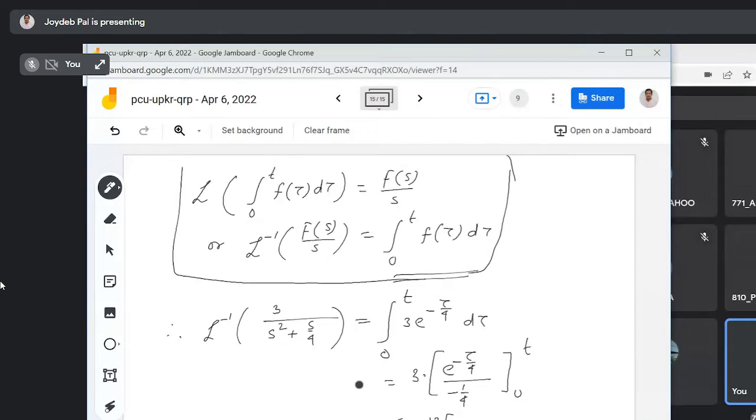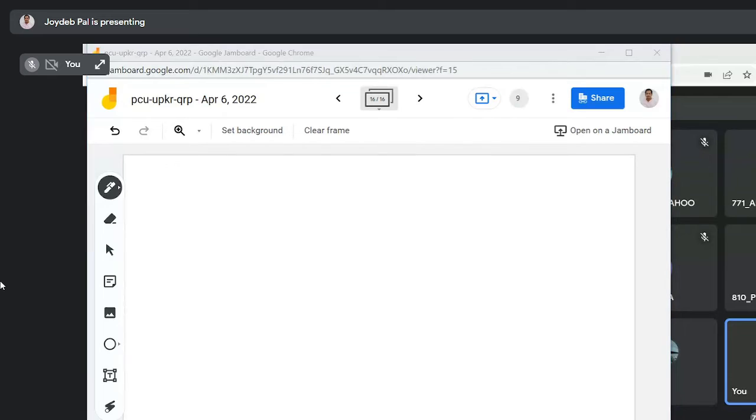And if you put tau is equal to t, e to the power minus t by 4, and if you put 0 it is 1. That is the answer. Right? Now you try.